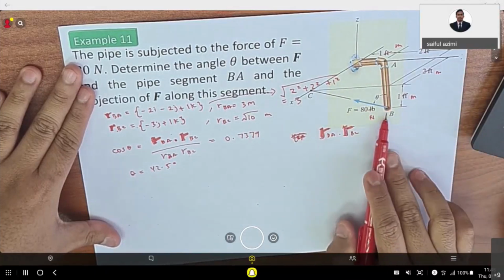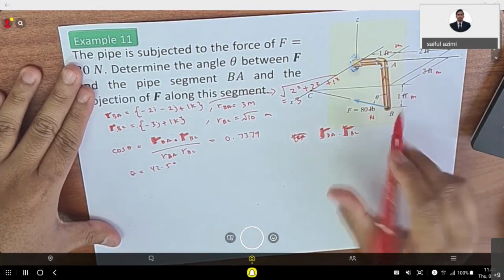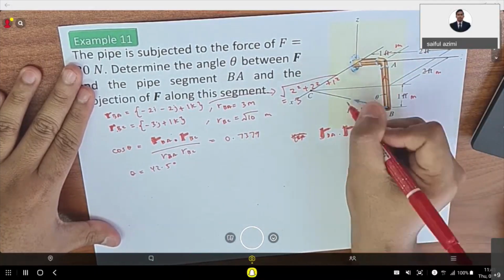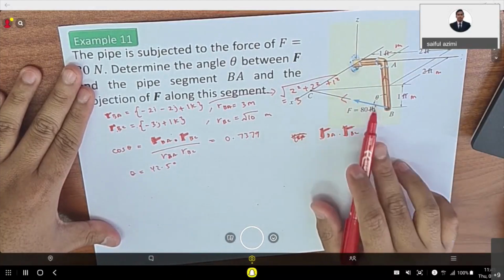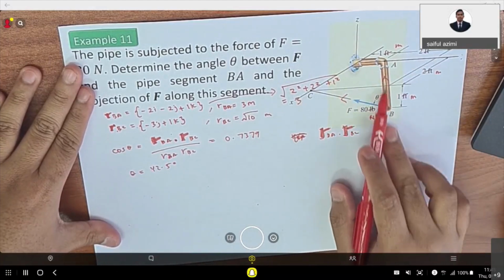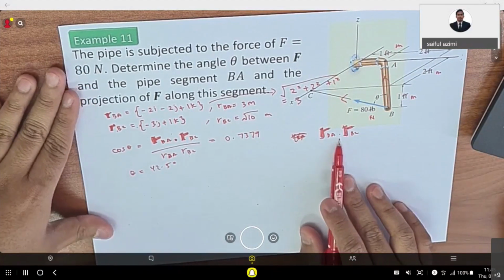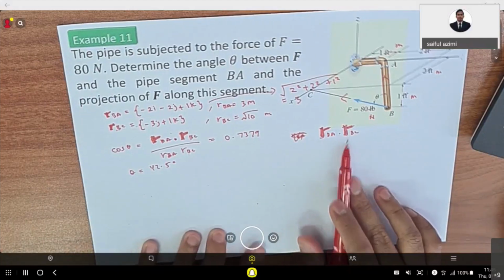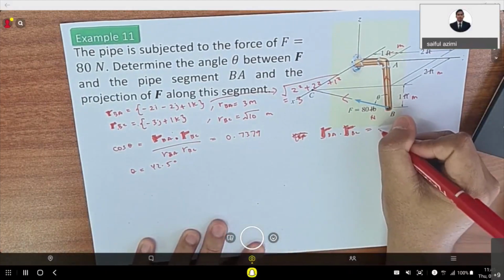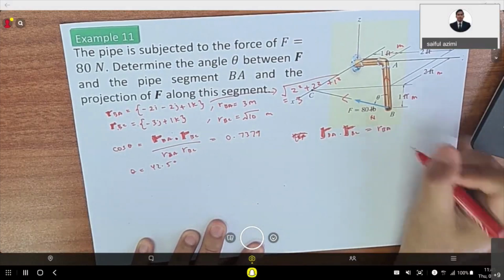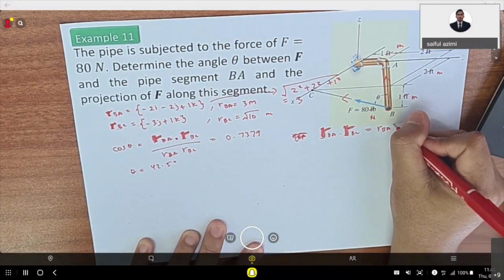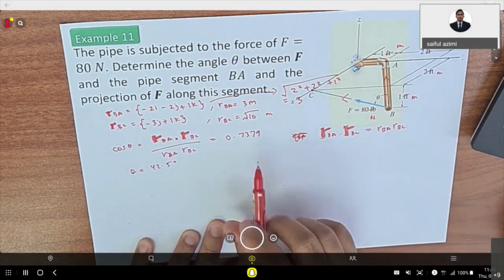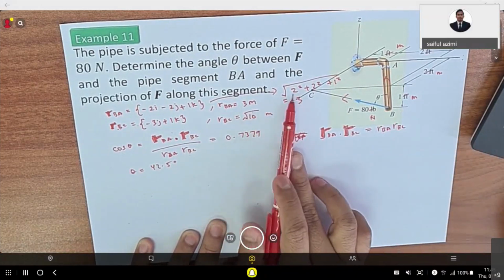This is RBA, the first vector, and this is RBC, the second vector. We want to find theta, so you can use the dot product, which is one of the applications of the dot product. RBA dot RBC equals the magnitude of BA, which is the length, multiplied by the magnitude of BC, which is the length that we found earlier.